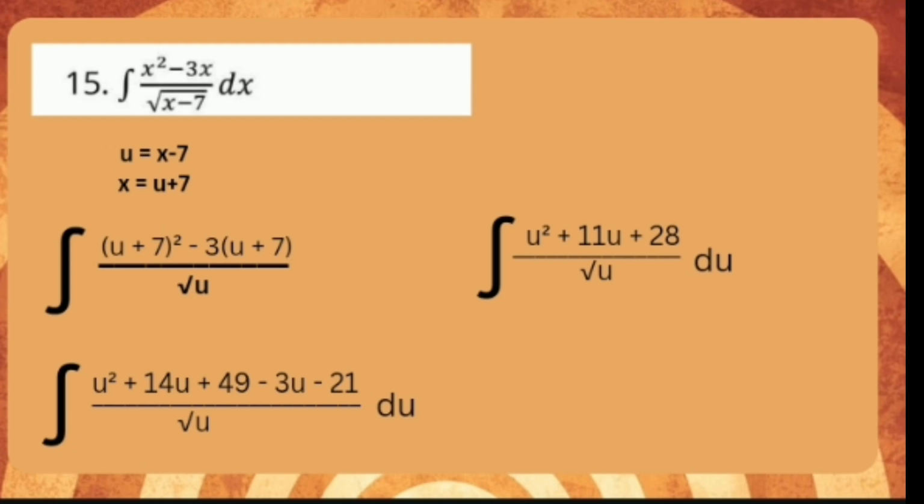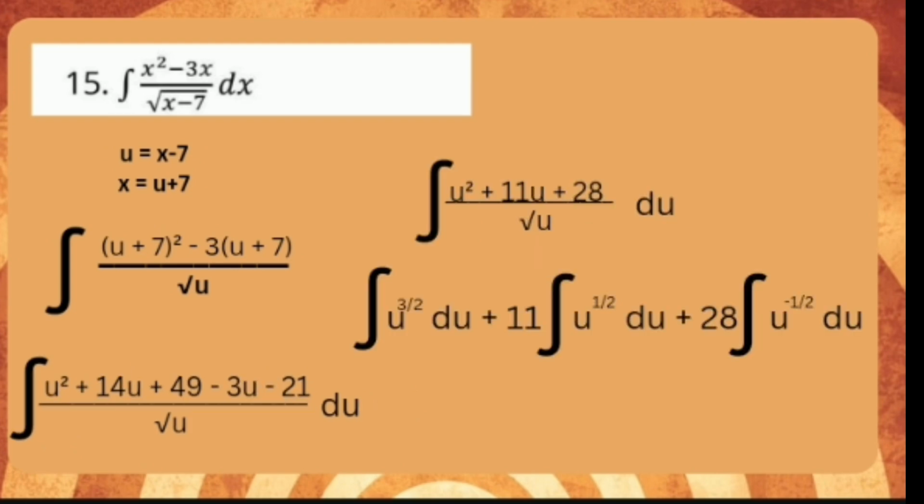Now, we can split this into separate integrals: the integral of u raised to 3 over 2 du plus 11 times the integral of u raised to 1 half du plus 28 times the integral of u raised to negative 1 half du.